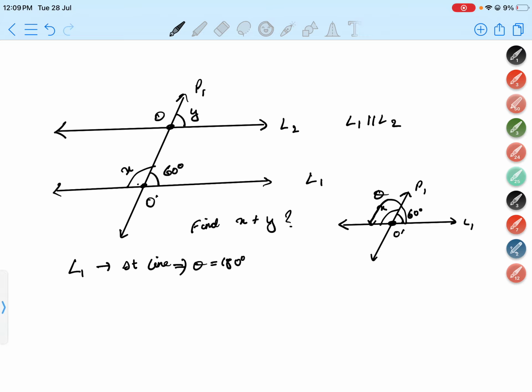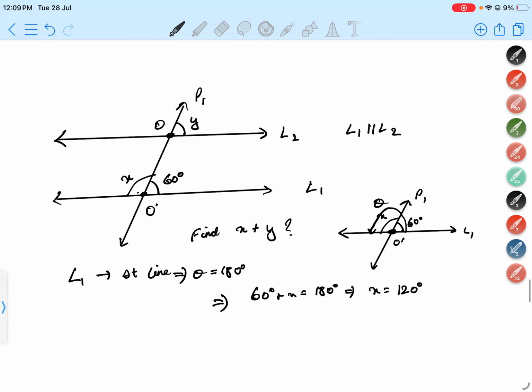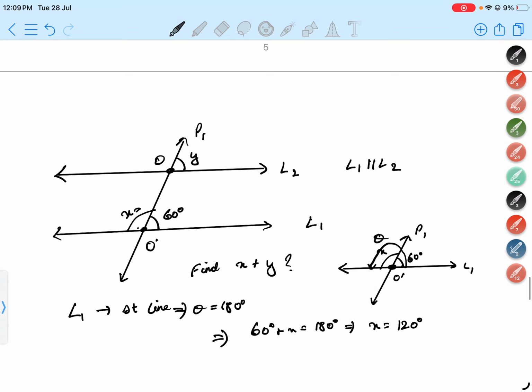So from here we can say that 60 degree plus X would be 180 degree, implies that X would be 120 degree. So this X is 120 degree.